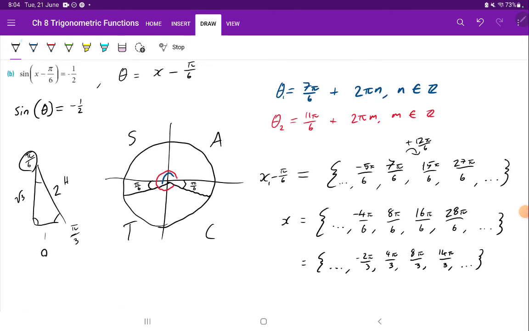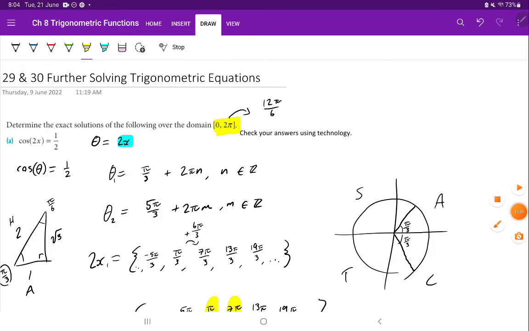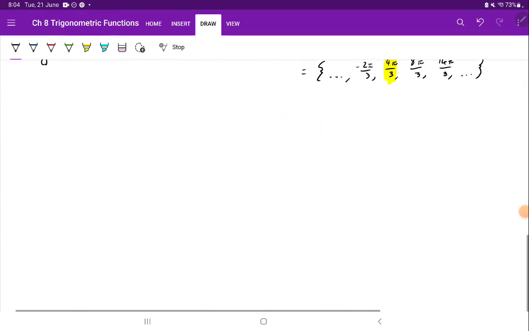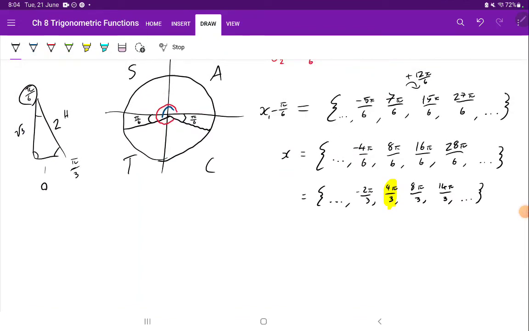So we worked out before that it needed to be between 0 and 12 pi on 6. We're working in thirds now, so it should be over 6 pi on 3. So that's our only solution. Right? Because 12 pi on 6 is equivalent to 6 pi on 3. So 0 to 6 pi on 3. So there's only one solution in the first set. So x1 gives us only one solution.